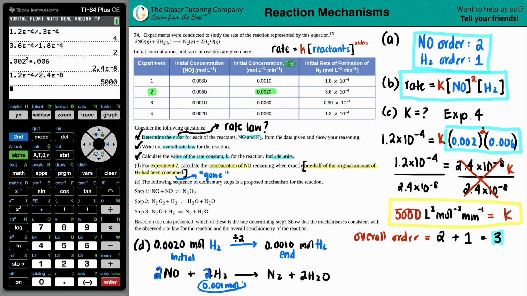So if you have 0.001 moles of H2 consumed, you would have 0.001 moles of NO consumed because they're going at the same rate. So in this case, we have 0.0010 moles of NO also being consumed.